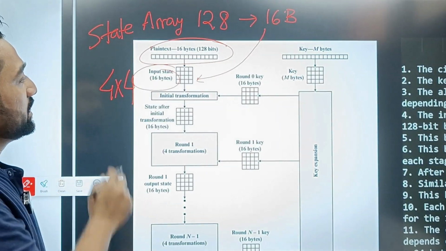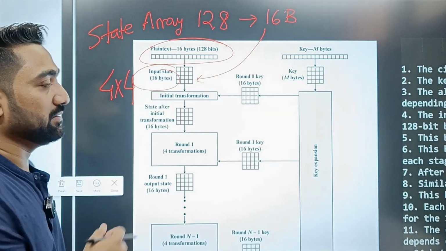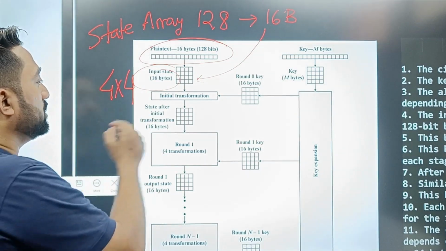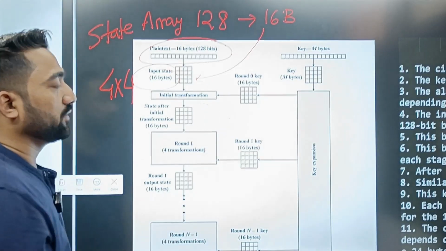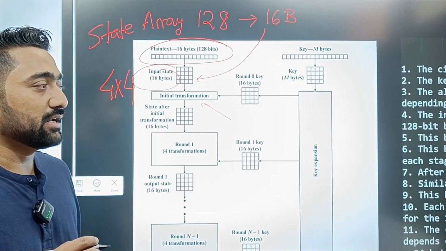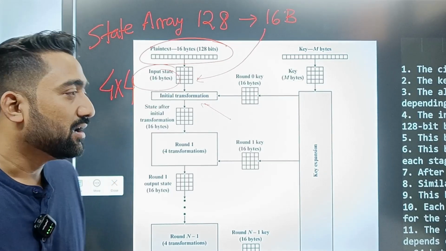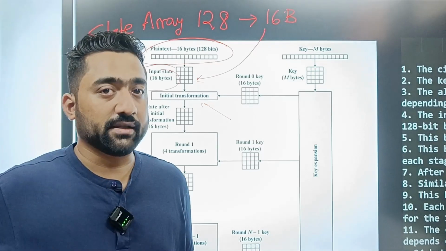Now as you can see, the initial state matrix is of 16 bytes. It goes into a transformation function, as you can see over here. This transformation sounds similar to what we had in DES, that is the initial permutation. But internally it is totally different.